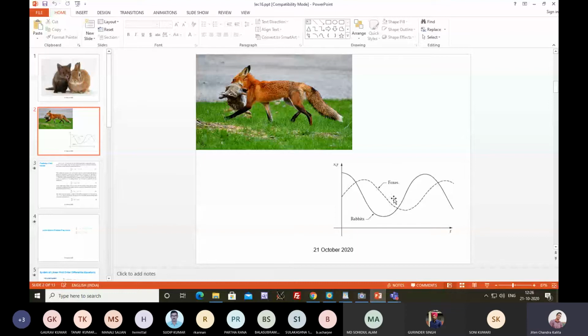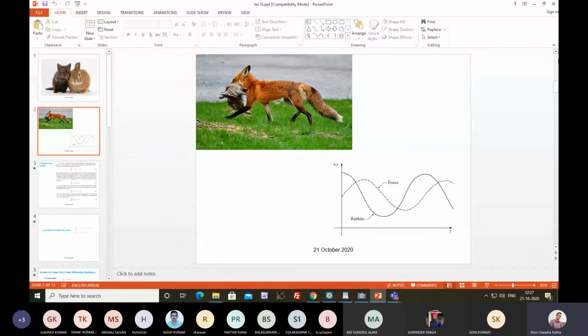It depends on exactly at what time you have started. Here, the solid line represents the population of rabbit, and the dotted line represents the population of foxes. And you can see that initially it is decreasing, and then again it is increasing, and so on.